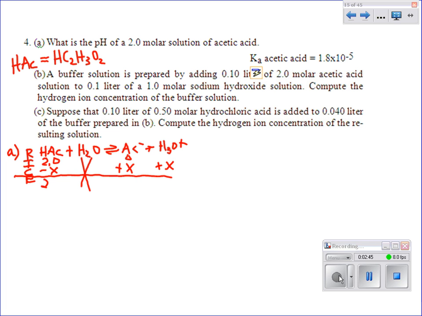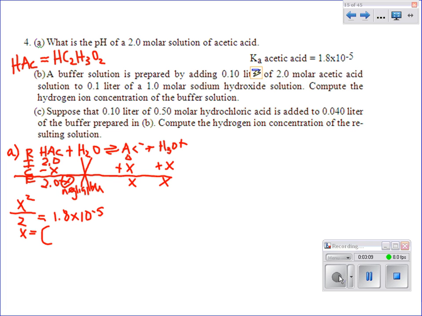So we can still drop this. Just indicate that. What do you need to indicate? That X is negligible. And so we end up getting X squared over 2 is equal to our Ka of 1.8 times 10 to the negative 5th. Solve for X, please.